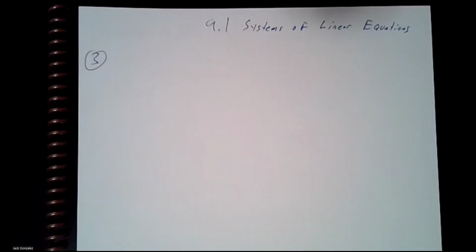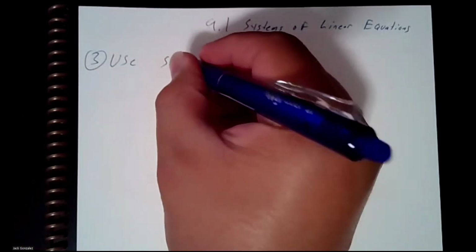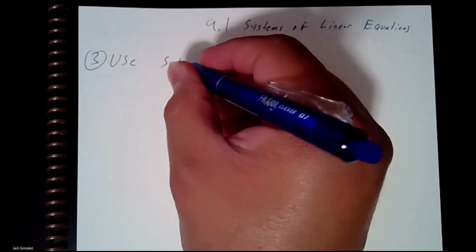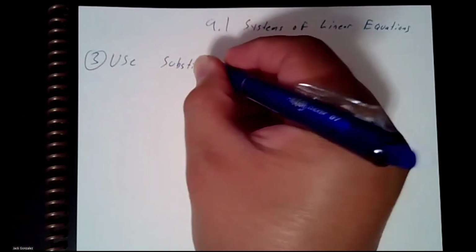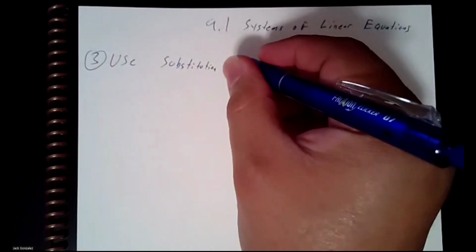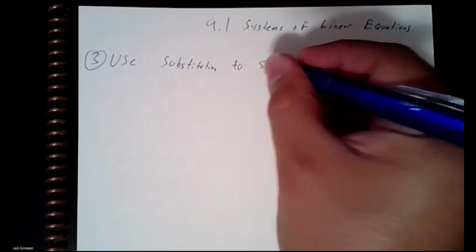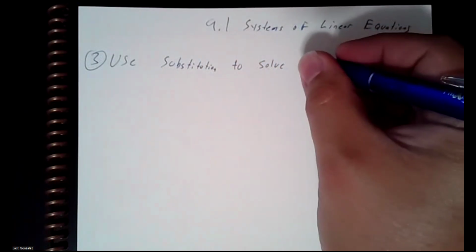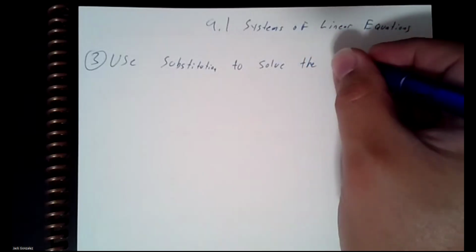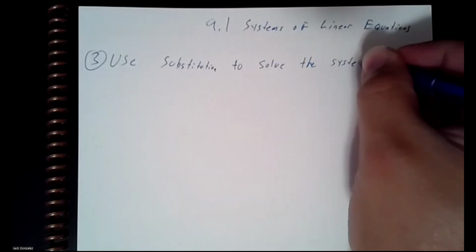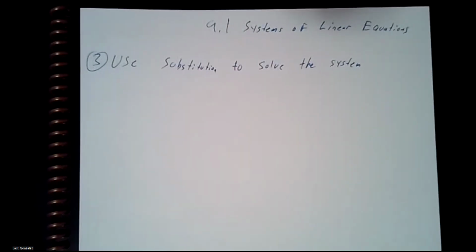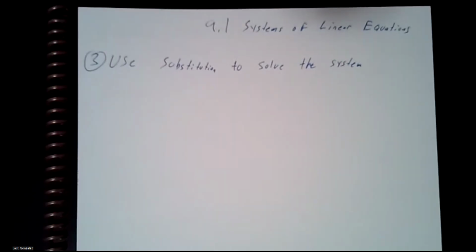The first two we did by graphing. You can technically use graphing anytime, but if they ask to do it algebraically, then we gotta. Use substitution to solve the system. Let's see if I can make that less blurry.